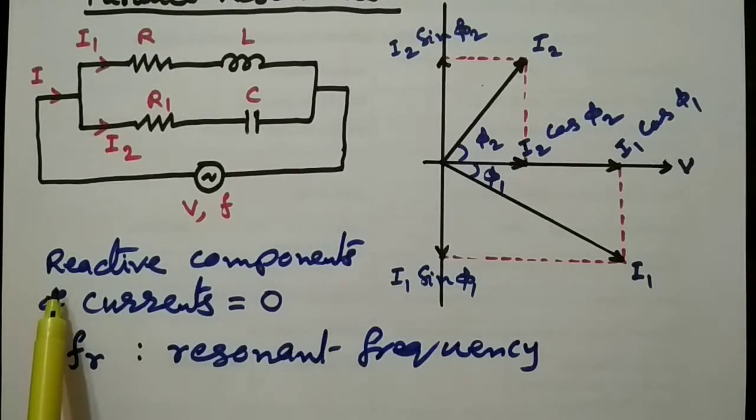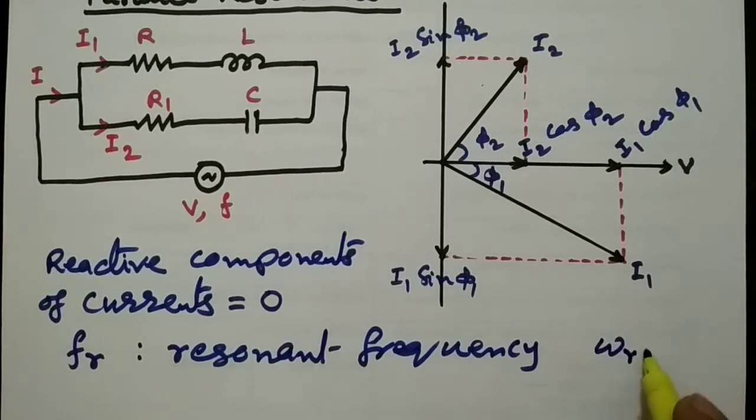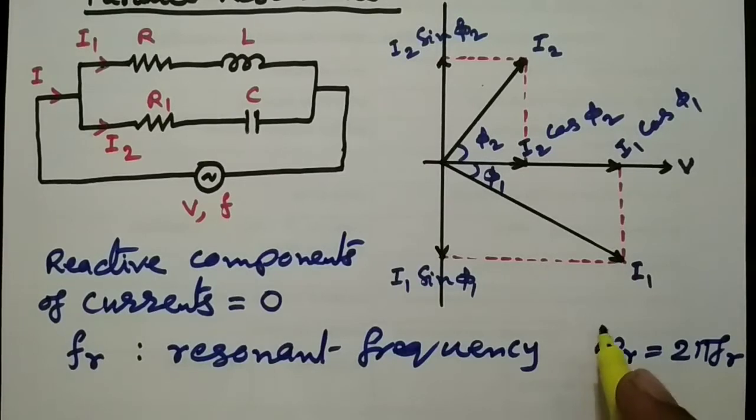So the condition for resonance in a parallel circuit is that the net reactive component of the currents should be 0, and the corresponding frequency is the resonant frequency Fr. We can also write omega r is equal to 2 pi Fr. That is also possible.